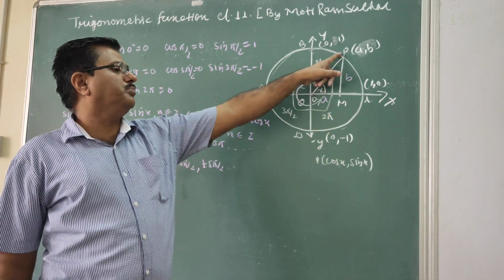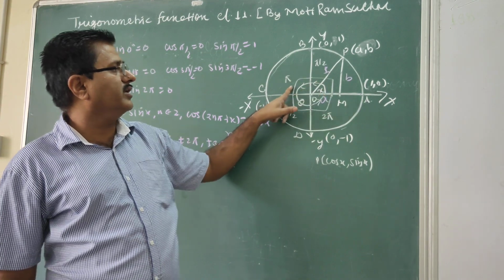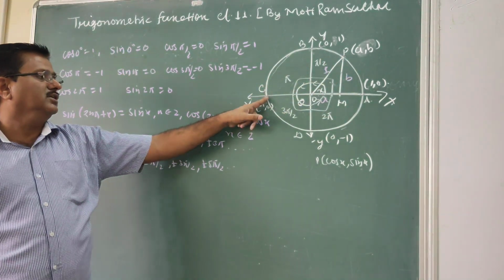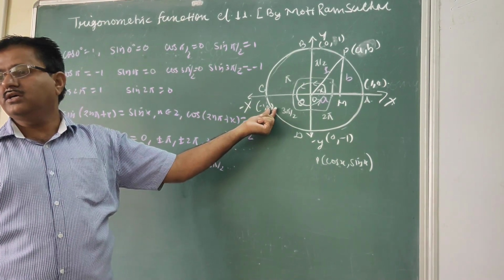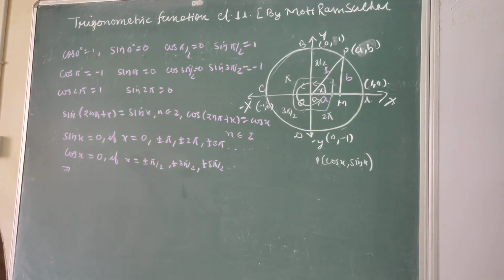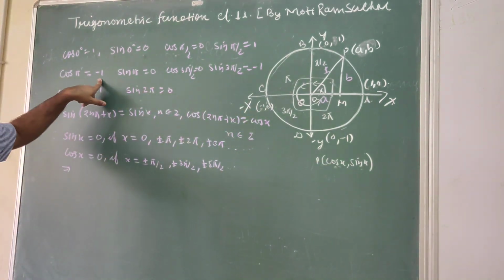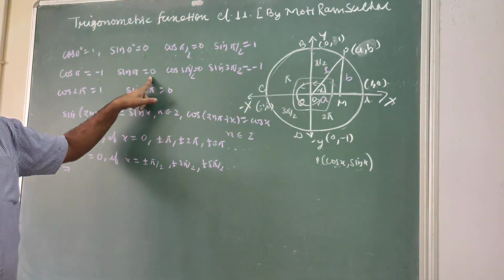Now again, when this point P coincides with the point C, the angle formed is pi. Then the x coordinate is -1 and the y coordinate is 0. Clear? So in that case cos pi equals -1, and sin pi is 0.